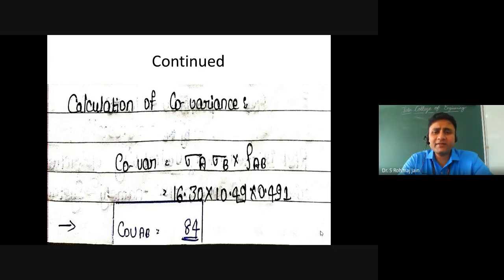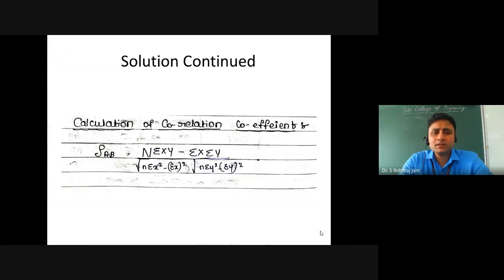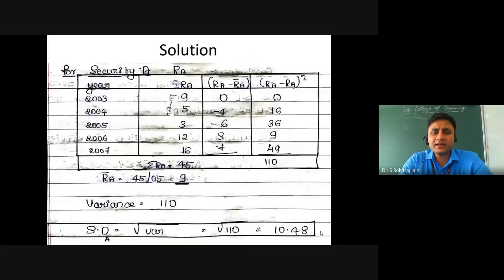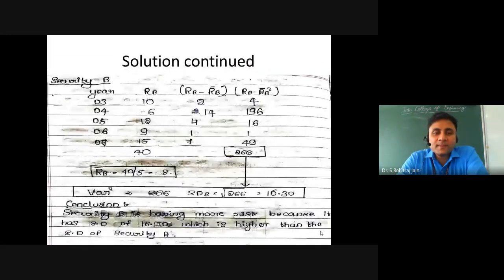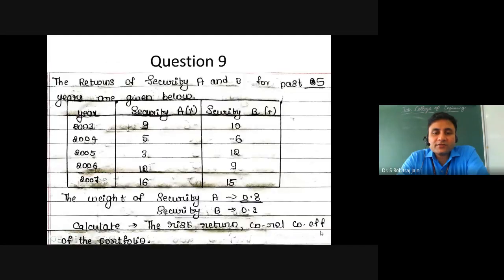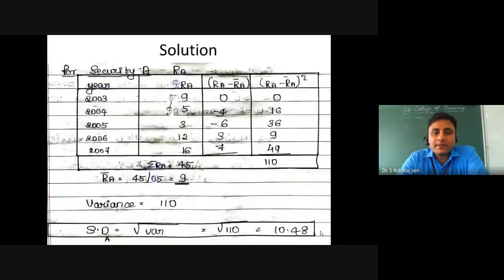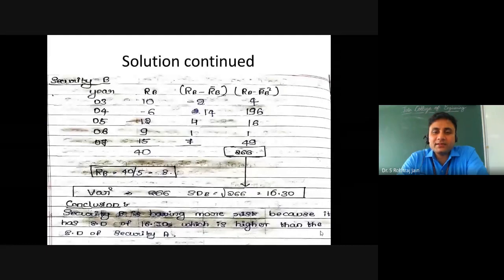what is standard deviation of security A? Just now we have calculated, right? Standard deviation of security A is 10.48. I've written it on this side. Similarly, standard deviation of security B is how much, students? Yeah, it is 16.3.